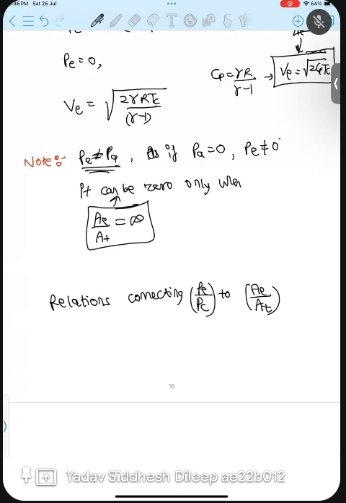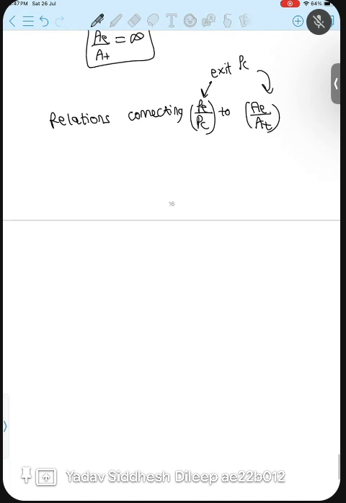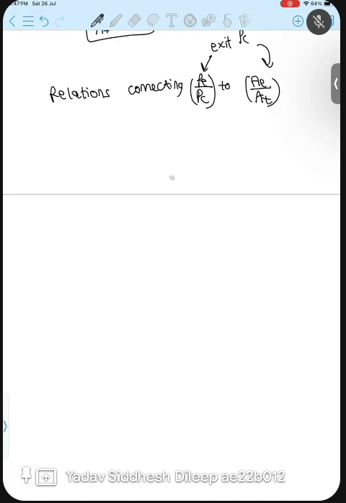So basically how much exit pressure you will get when you have a particular area ratio, because what is in your hand is the area ratio. You can give some area ratio in the nozzle, and then you have to find what the exit pressure will be. So we will derive that particular equation now. Basically it's required for designing.